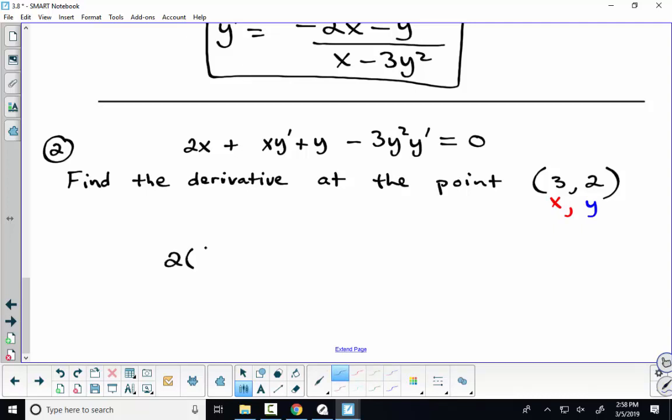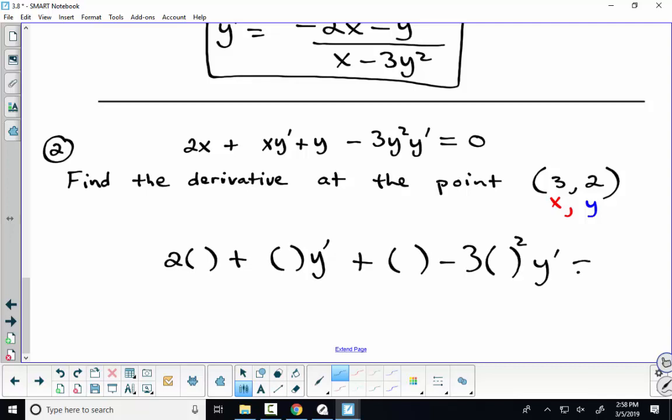It's 2 times x plus x times y prime plus y minus 3 times y squared times y prime equals 0.